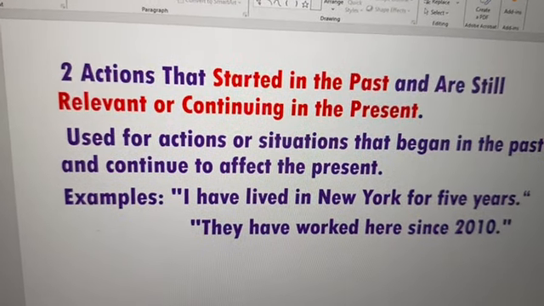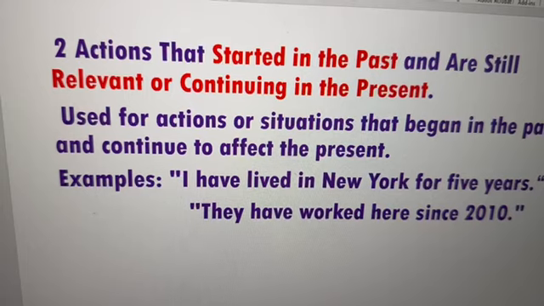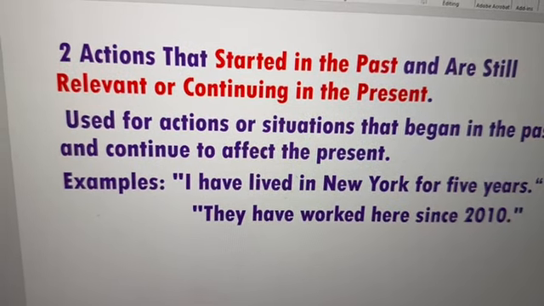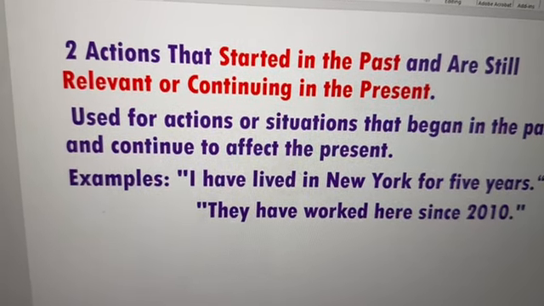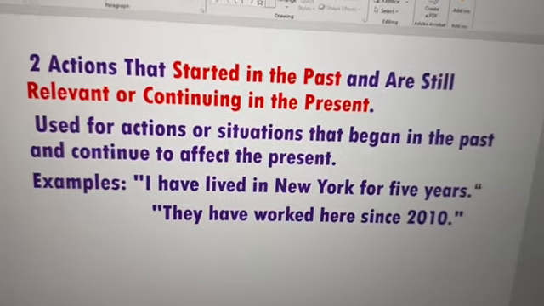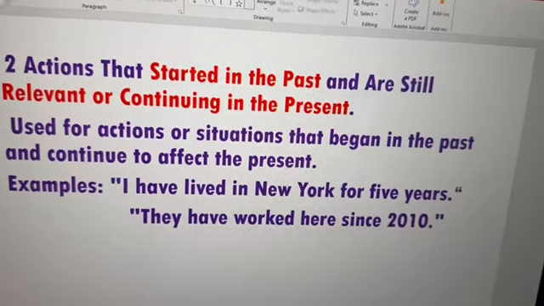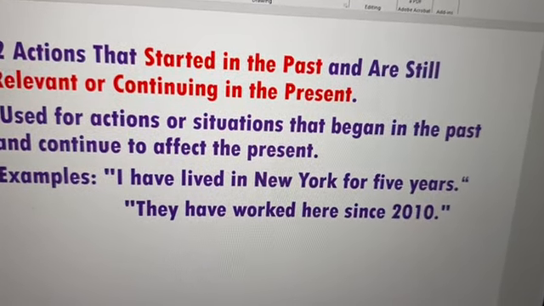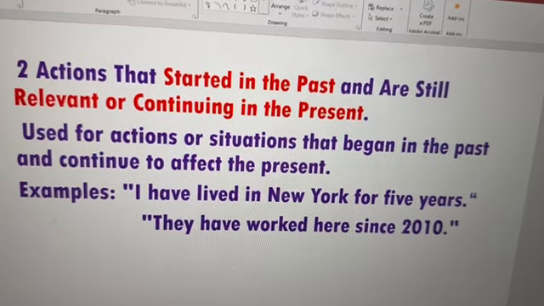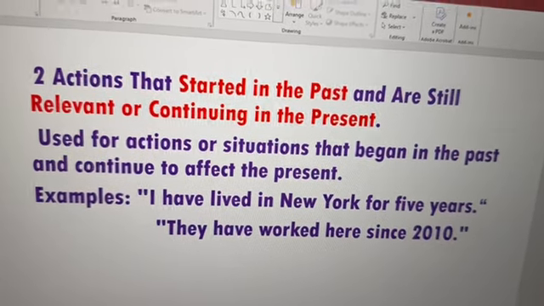It is used for actions or situations that began in the past and continue to affect the present. Examples: I have lived in New York for 5 years, and they have worked here since 2010.